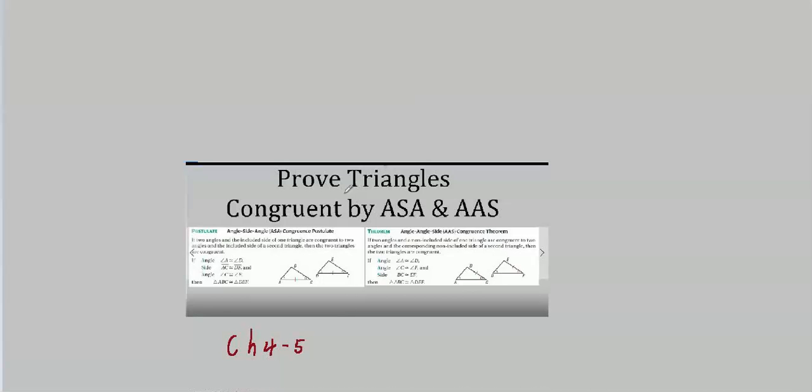For instance, this thumbnail came from Chapter 4, Section 5, and you'll see the file name and the title. They're the same for mine. You'll see something like CHX-X. The first number is the chapter, followed by a dash, and then the section number. That's how it's laid out. Pretty simple.